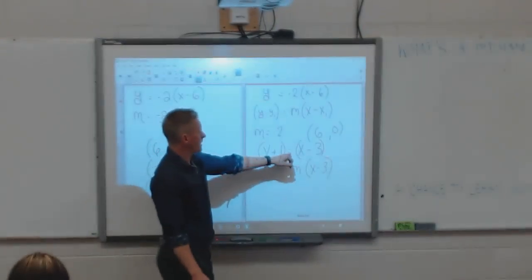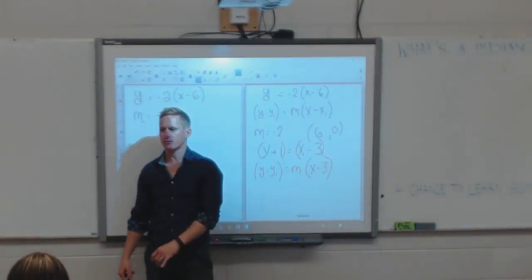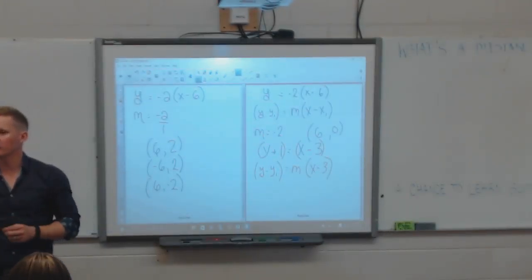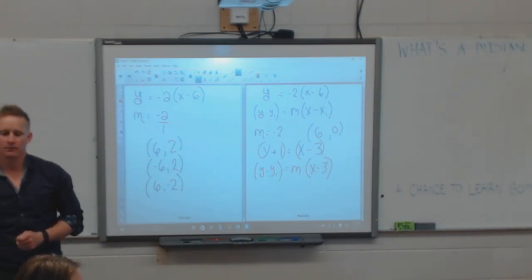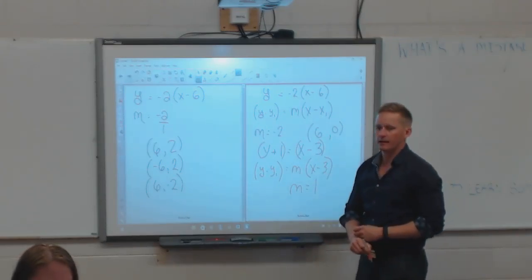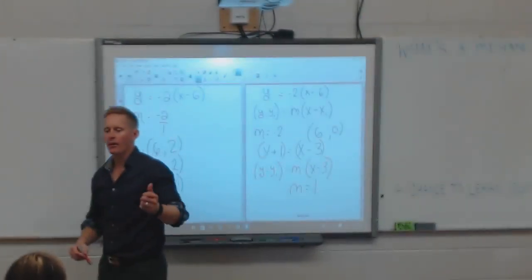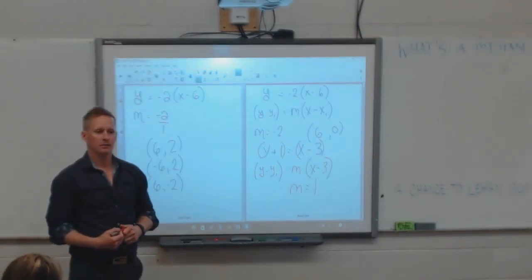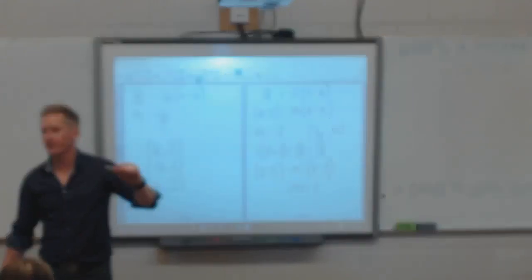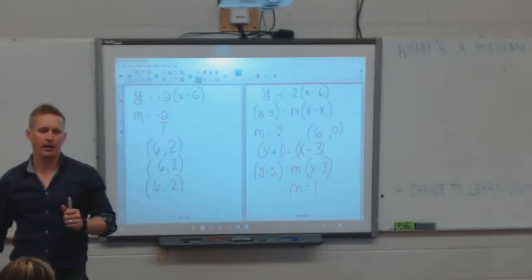If I have a 0 here, what's 0 times x minus 3? 0. So then that x minus 3 would not exist, would it? So what would the value be in front of that? 1. Right? So that was the trick. I needed to see that, and that's why I put the brackets where I did. I wanted to understand that there is a value here, because if they were going to put 0, then that would be all 0 right there. Okay, so there's that one.